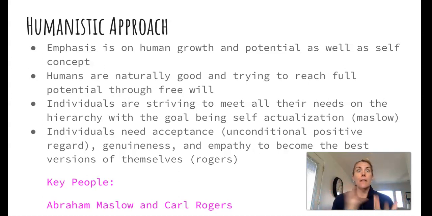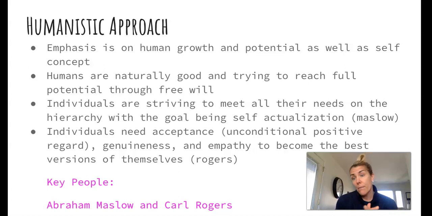And it definitely varied from behaviorism, where they just felt like it was learned behavior. This was that we're all good and we're all trying to move up in the hierarchy towards self-actualization. And the other thing with this approach was that individuals need acceptance and genuineness and empathy to become the best versions of themselves.